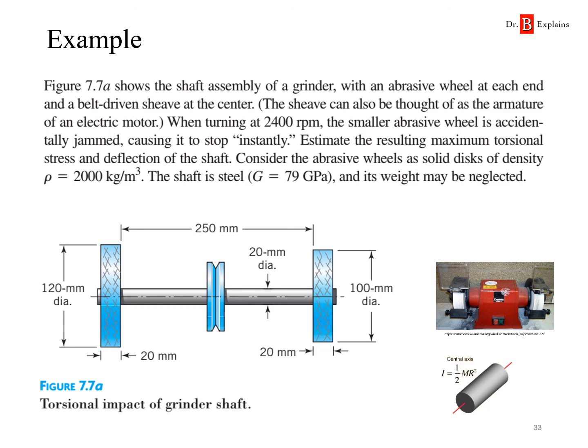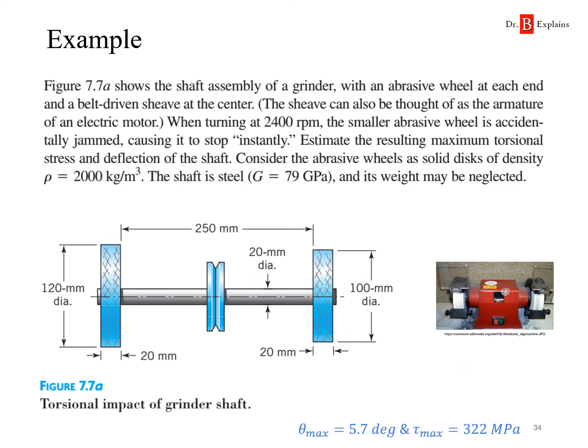I used to go over this example that is in the book, where you have this grinder. There's a motor here that is spinning, and there are 2 grinding wheels, and then something happens where one of the wheels gets jammed, and the other one has some inertia that wants to keep spinning, so it momentarily twists or over-torques the shaft over here, and we can estimate the angle of deflection and the torsional stress.